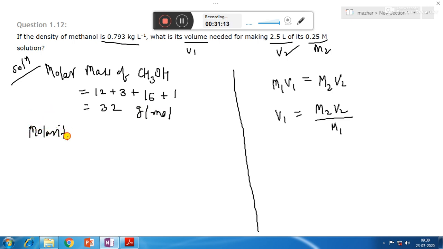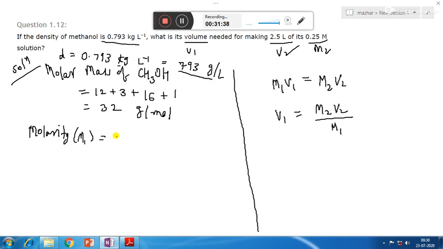In the question, density is given as 0.793 kilogram per liter. So that can be written as 793 gram per liter. When you remove kilo, the decimal point will be shifted. So 793 gram per liter.